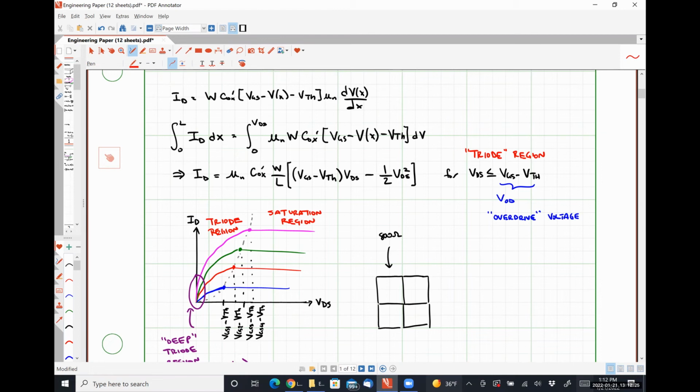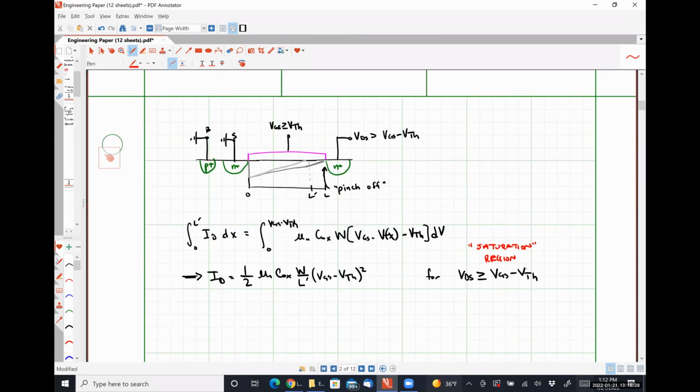Now, that constant current, I'll go back to that in a second, is only true when this quantity L prime is very close to the actual channel length. Okay.